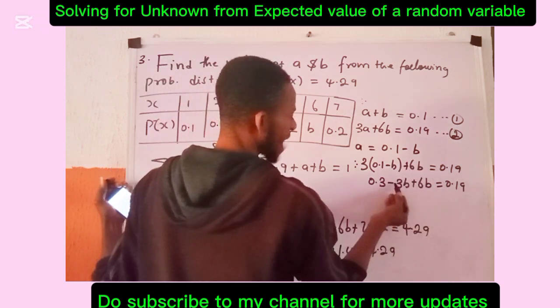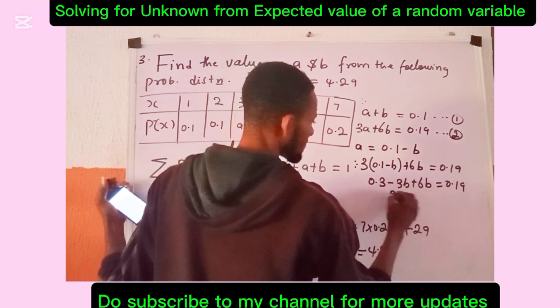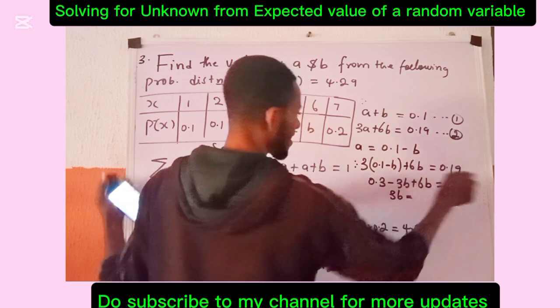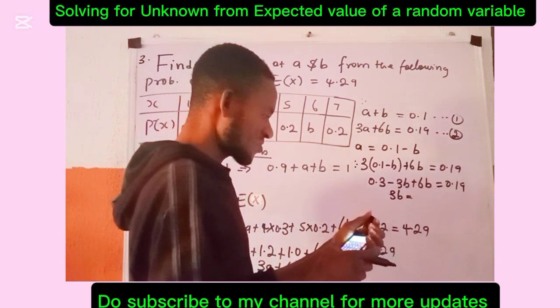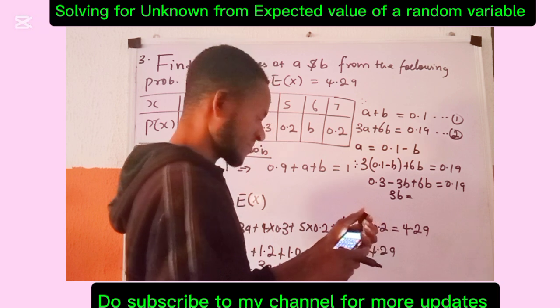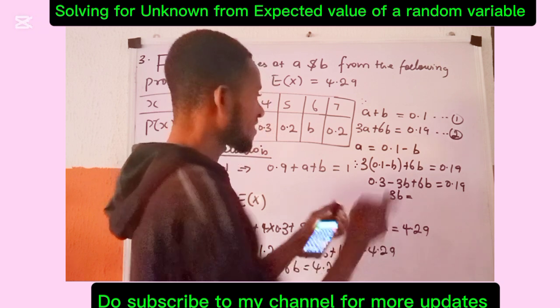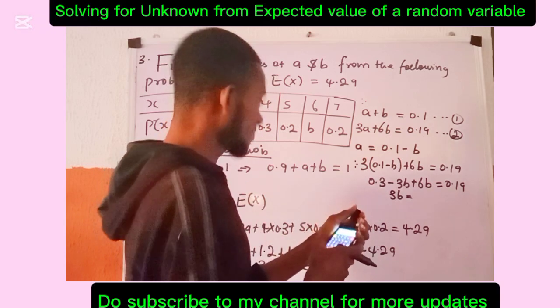And here you are owing 3, but you have got 6. So what you have left here is 3B equals, when this 0.3 comes over there, we have 0.19 minus 0.3.